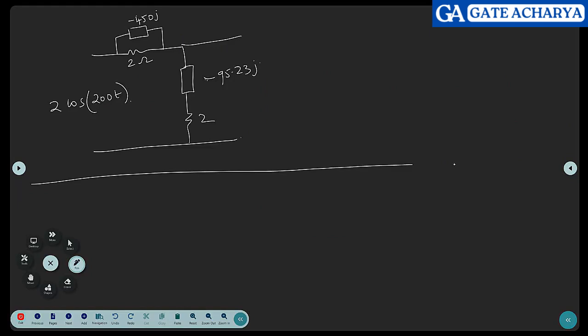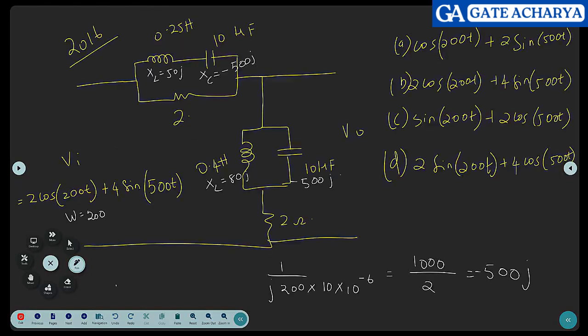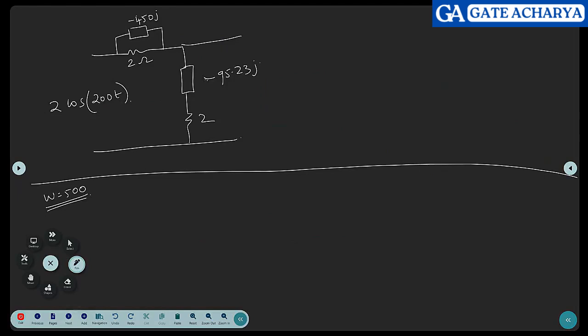And similarly, how about this omega equal to 500? When omega is 500, what will happen here? It is 0.25 into 500. How much is it? 125J. And how about the capacitor thing?